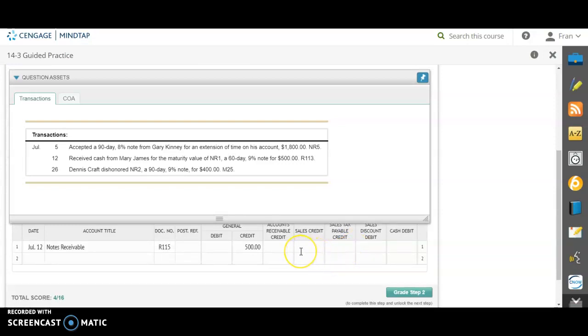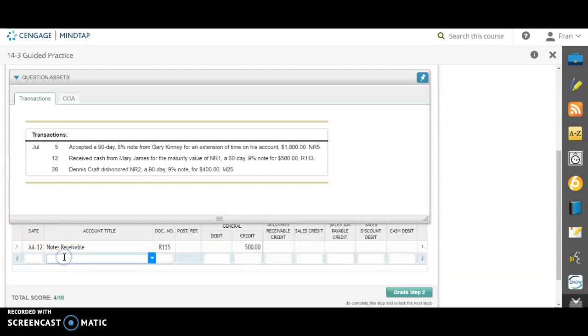All right, so the next thing we need to do is figure out what the interest is going to be. So we take the 9% times 60 over 360, which is 0.16666, times the $500 value, and you get $7.50.